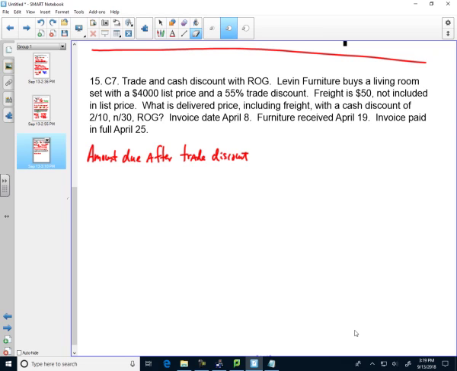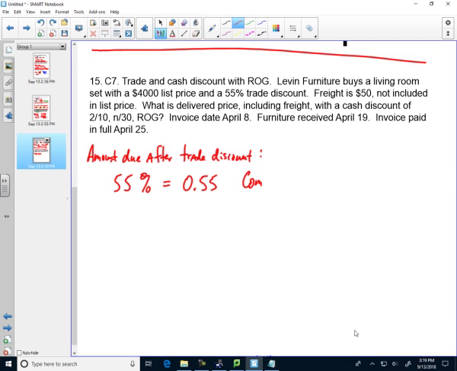I didn't do too good a job of writing that. So let's see, 55% is 0.55, isn't it?